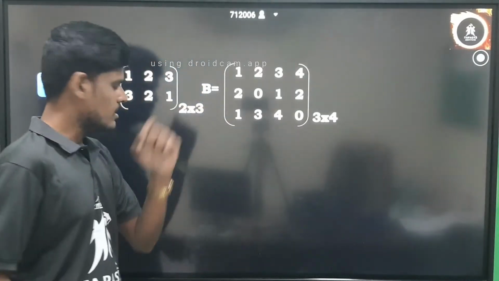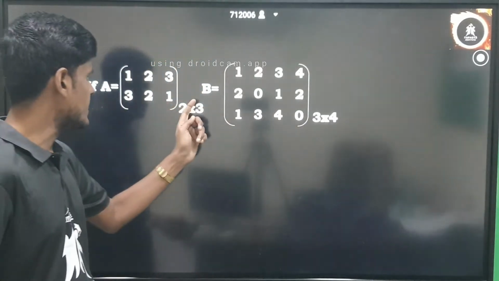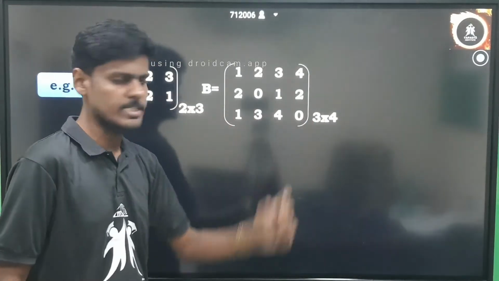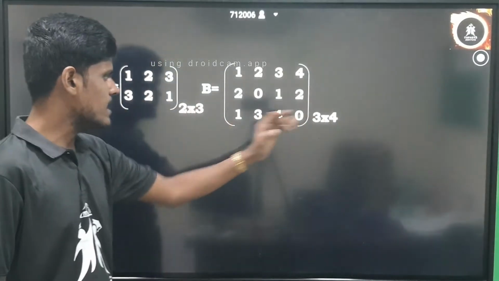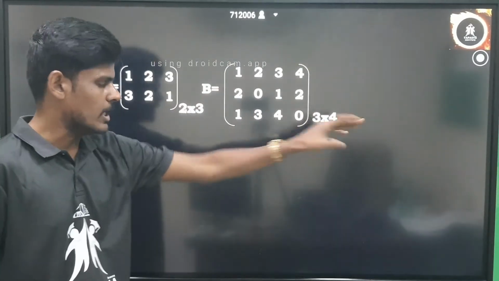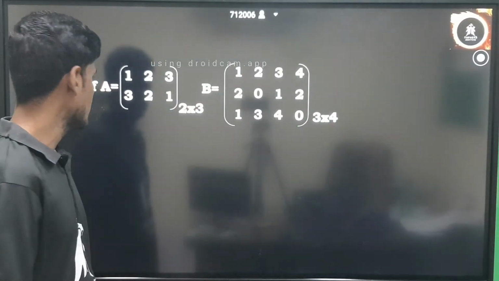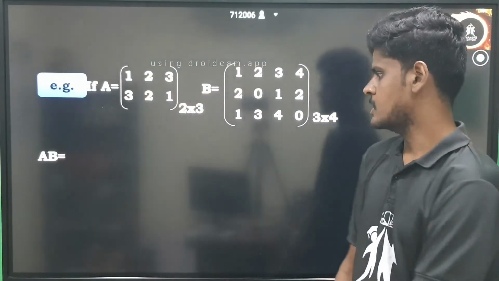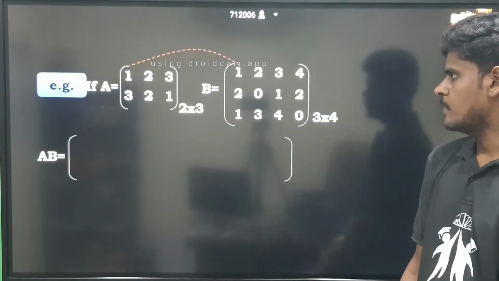How to check? Take the number of columns of the first matrix, that is 3, and the number of rows of the second matrix. Both these values are the same. That means we can cancel out this. What will be the order of the resultant matrix? That will be 2 by 4. Therefore, these two matrices are multiplicable. AB is possible.